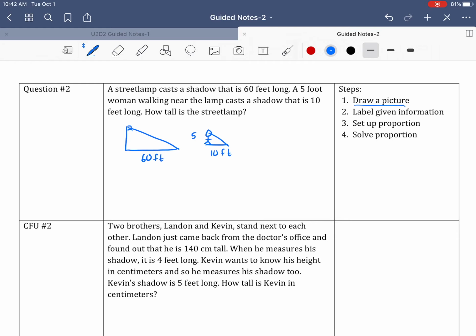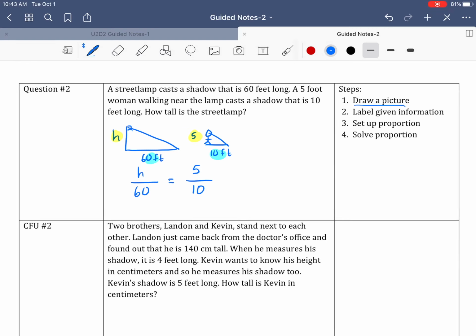Once we have a picture and we've labeled our information, we need to set up a proportion. So it's going to be a fraction equals another fraction. So h over 60 equals 5 over 10. What you need to recognize is that h and 5 are proportional corresponding sides, and 60 and 10 are corresponding sides.